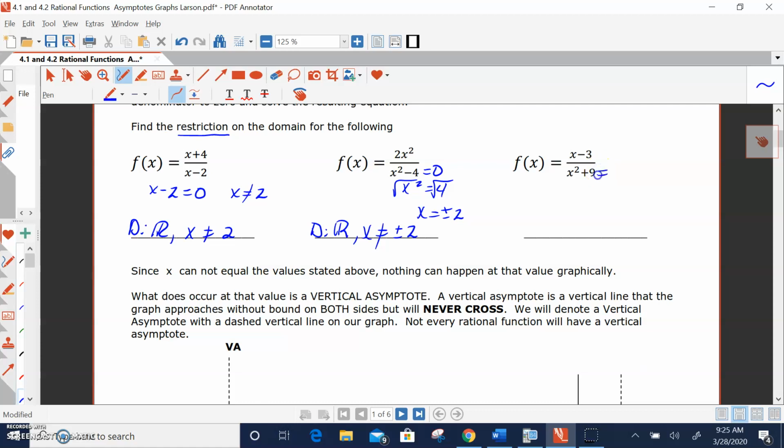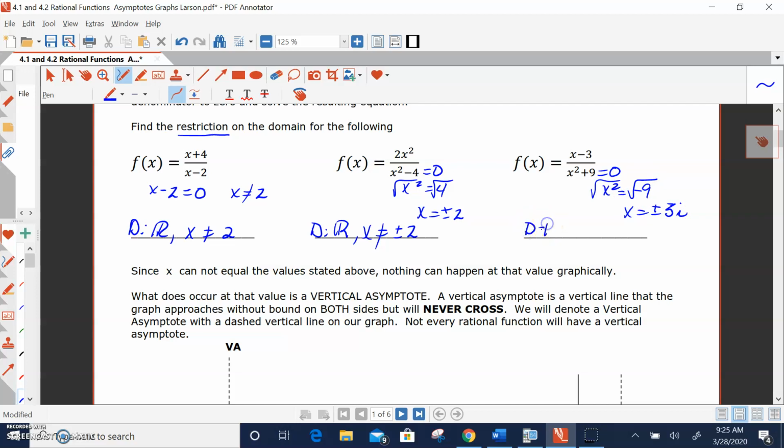Finally, let's take this last denominator and set it to 0 to find any domain restrictions. I'll take the 9 over, it becomes a negative 9. I'll square root both sides, and I get plus or minus 3i. Because I'm square rooting a negative number, that brings in imaginary numbers.